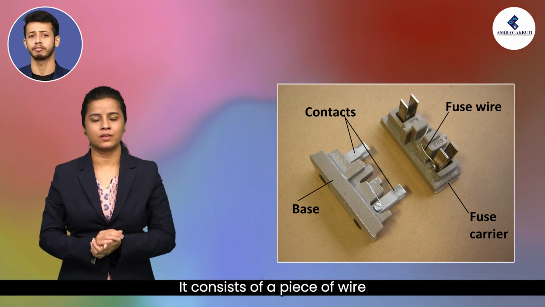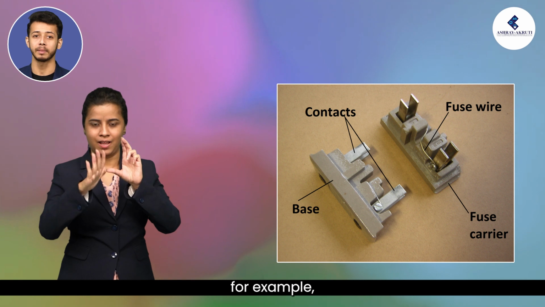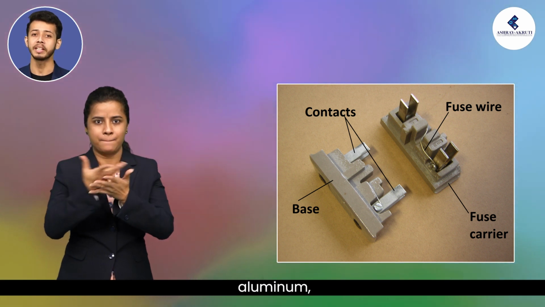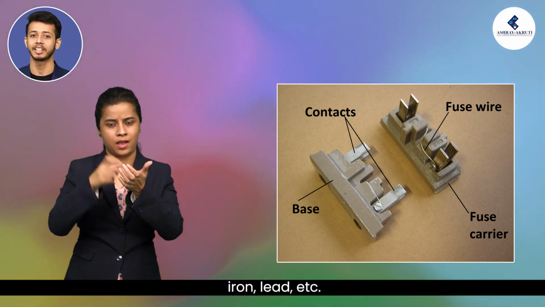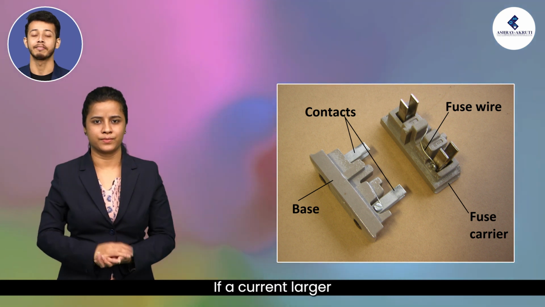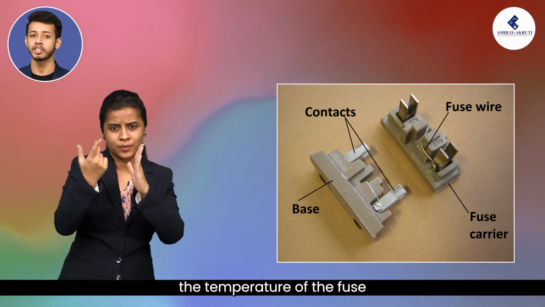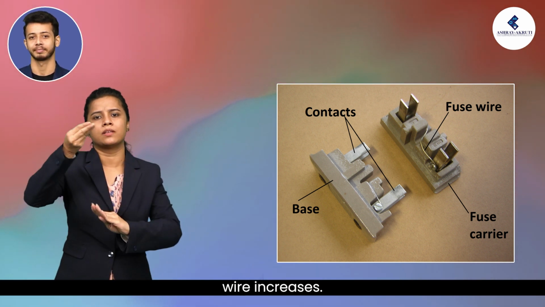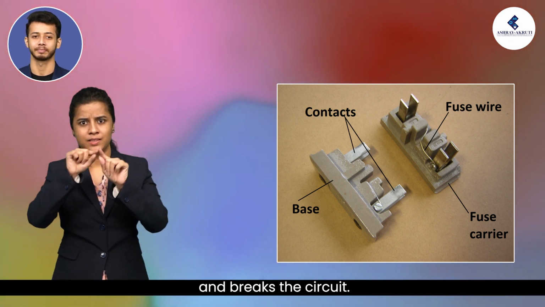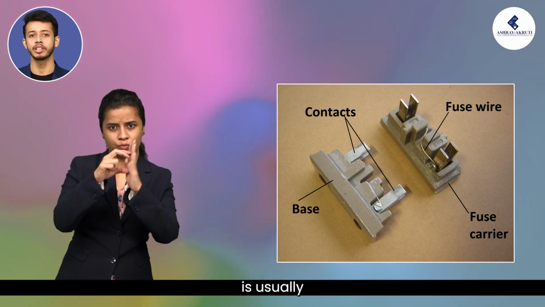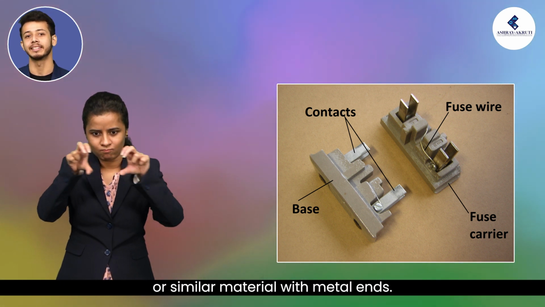It consists of a piece of wire made of a metal or an alloy of appropriate melting point, for example, aluminium, copper, iron, lead, etc. If a current larger than the specified value flows through the circuit, the temperature of the fuse wire increases. This melts the fuse wire and breaks the circuit. The fuse wire is usually encased in a cartridge of porcelain or similar material with metal ends.